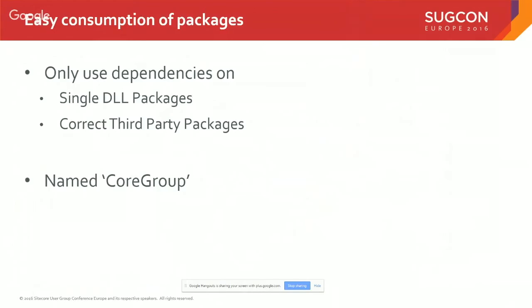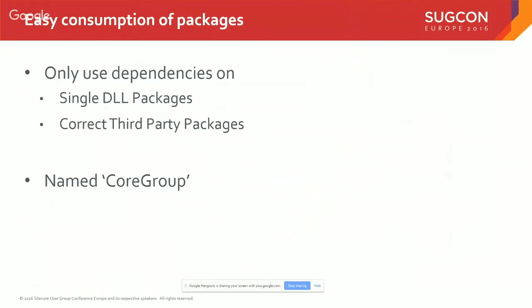The naming of these packages was a bit of contention, so I went with core group. Ideally, I'd use the name .Core, but unfortunately Sitecore uses Analytics.Model.Core, I think it is, and there's also a Marketing.Core NuGet package, so that's going to be a conflict. We wanted this to be future-proof. We're going to create core group packages that no one's ever going to clash with.